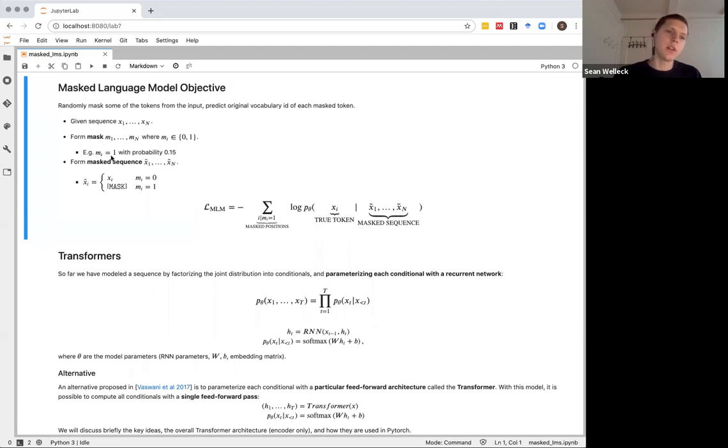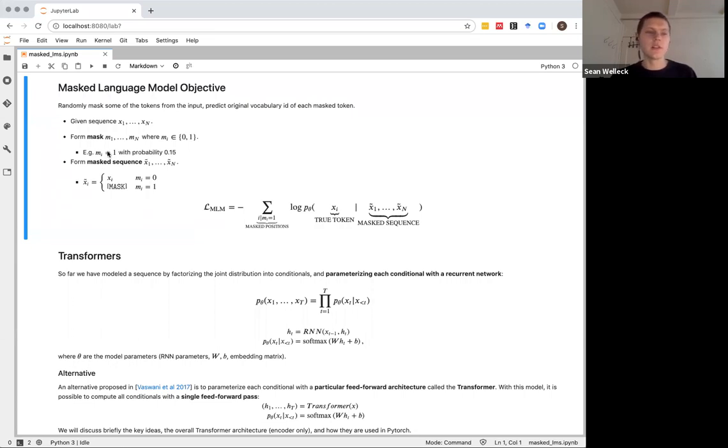Okay, so here we're given some sequence. This will be from a data set, so some sentence, for example. And then we're going to form this mask where it's either 0 or it is 1. And 1 means that the token will be masked.